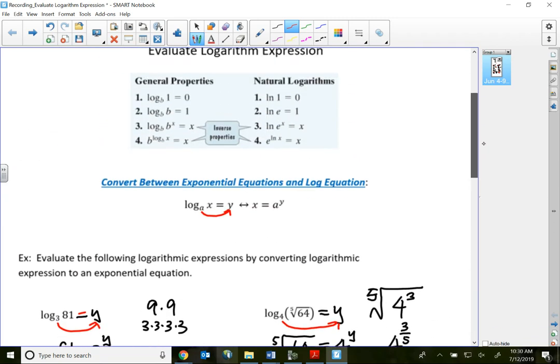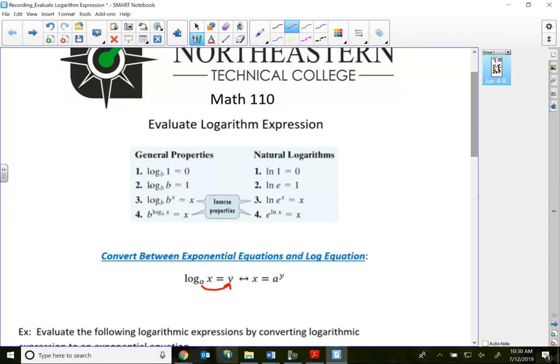So, back up here, this log with a base b of b, that b is actually to the first power. So when I'm taking a logarithm with base b of the same thing, then they automatically cancel out. That's why the answer is just 1.